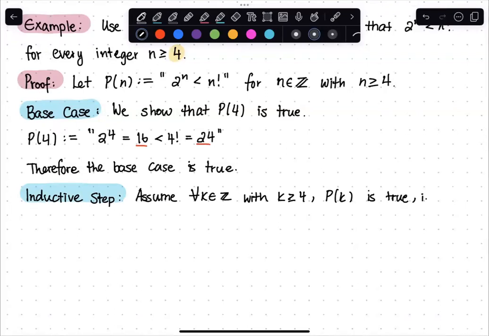I.e., so what does that mean? So we're saying that for all k greater or equal to 4, 2 to the k is smaller than k factorial. So this is our inductive hypothesis. So I'll write that down.